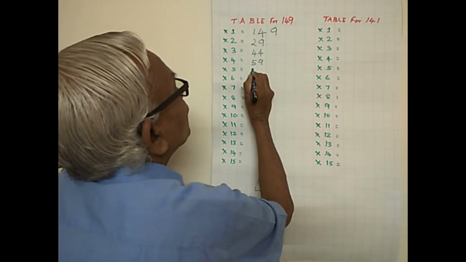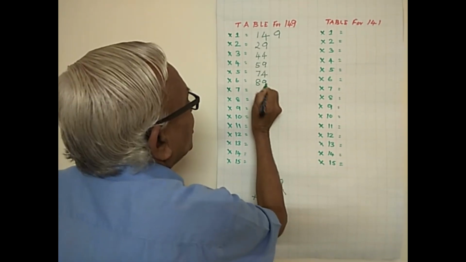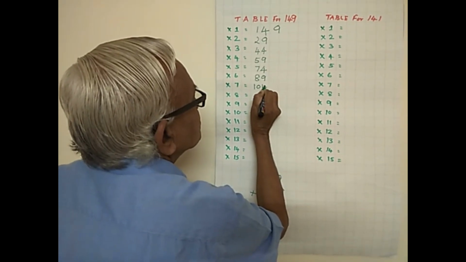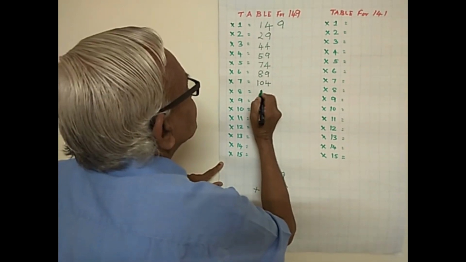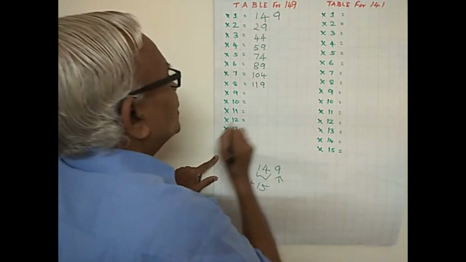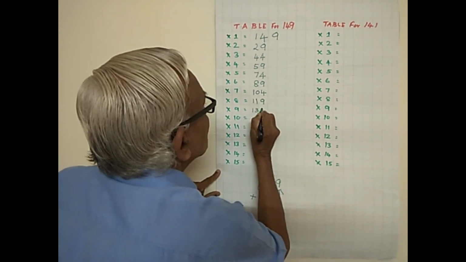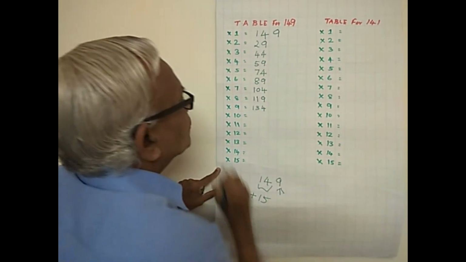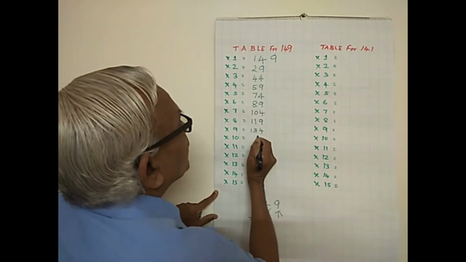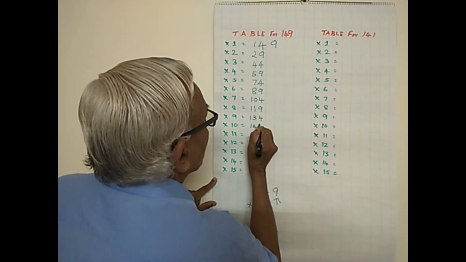Okay, 15, 74, 89, 104, 119, 134. Now 134 plus 15 is 149.